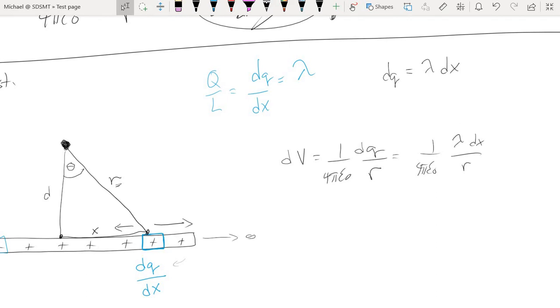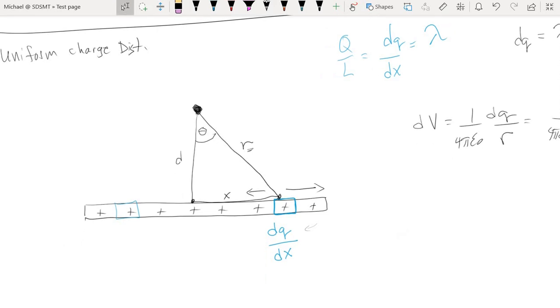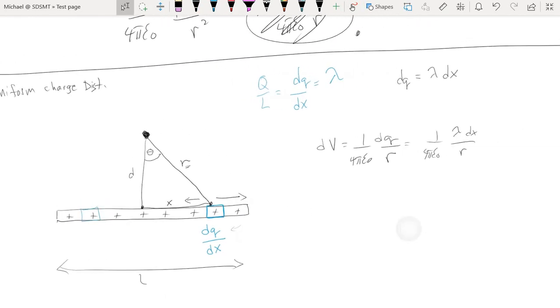I can use x as long as I don't go all the way out to infinity. So now might be a good time to scale down our line. So maybe our line is only a length of L now. So we'll stick with x as long as we can.